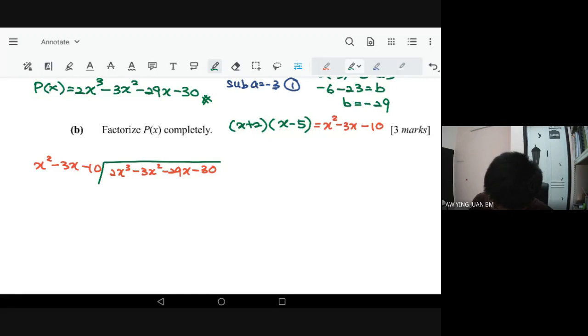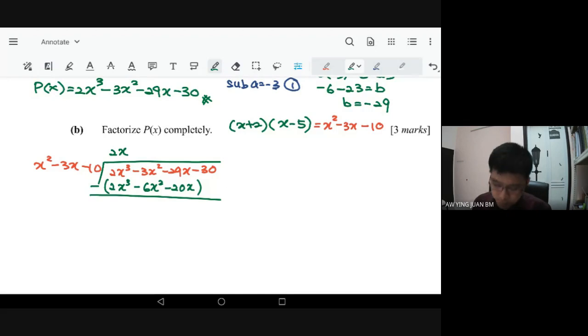So here we will substitute 2x. So 2x to the power of 3, and then negative 6x squared, and then we have negative 20x. Simplify. For this part, automatically 0.